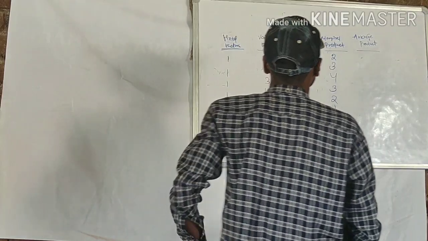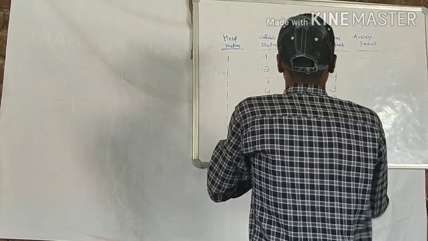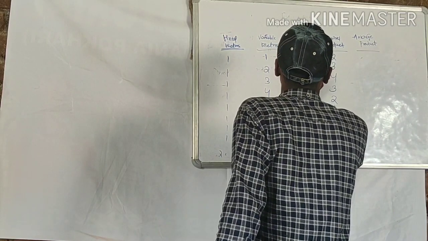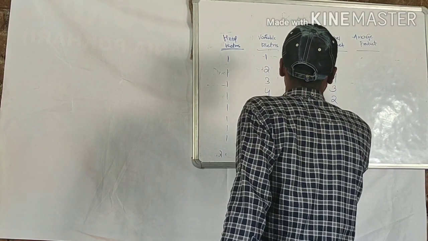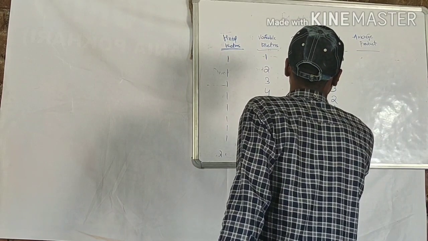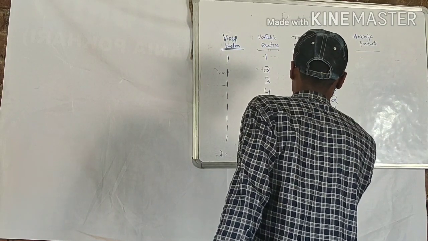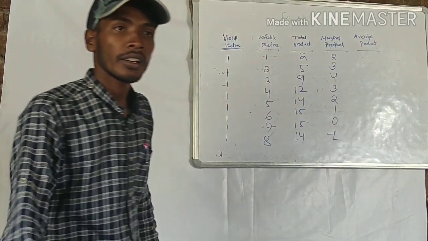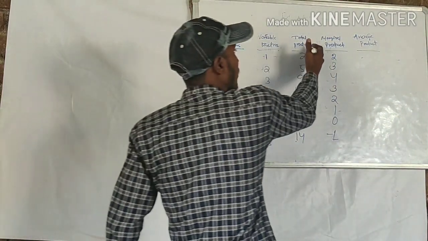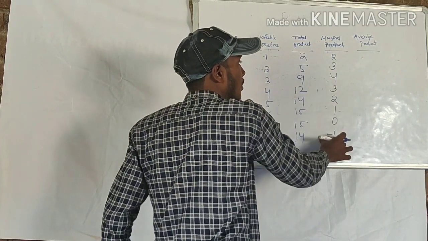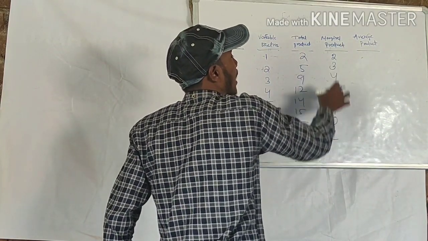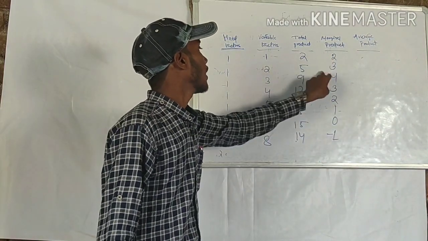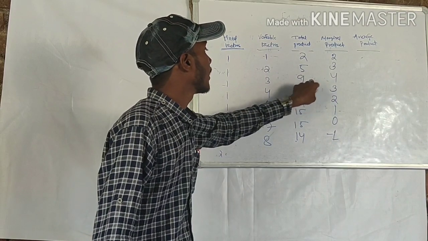Sorry guys, this is 2, this is 5, this is 9, this is 12, this is 14, this is 15. Is this clear? This is just adding 1 unit of the marginal product. You may say 2 to 2, 3 to 5, 4 to 9, 3 to 12.